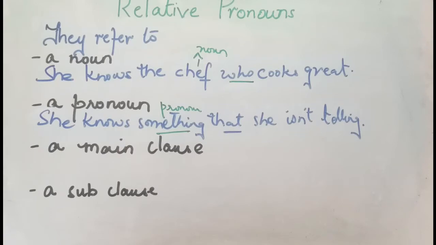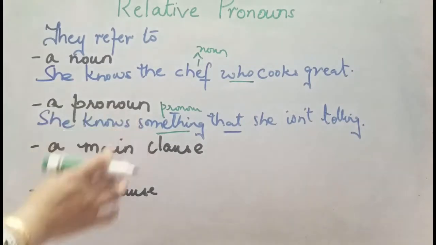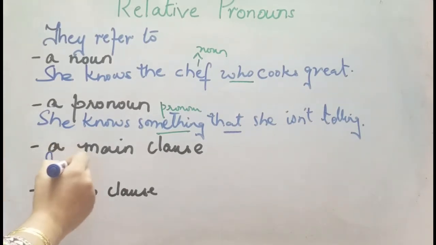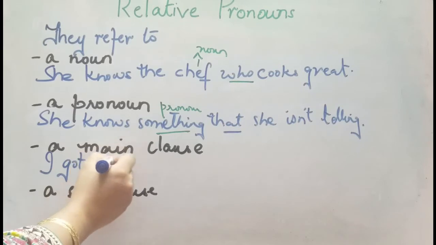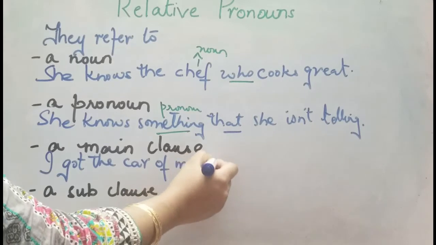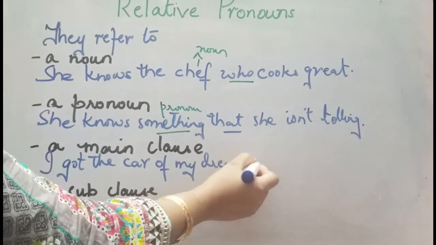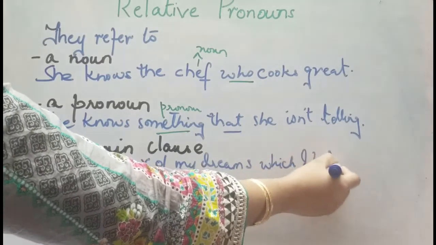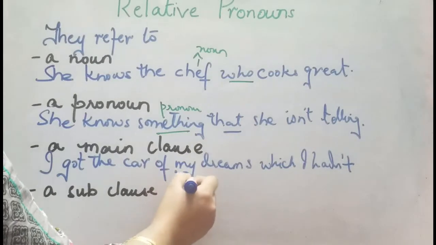If you haven't yet seen my videos on main clauses or subordinate clauses, I've mentioned them earlier in my videos. Just go over there and find out what subordinate clauses and main clauses are. Okay, an example of a main clause, for example: I got a car of my dreams, which I hadn't thought of.